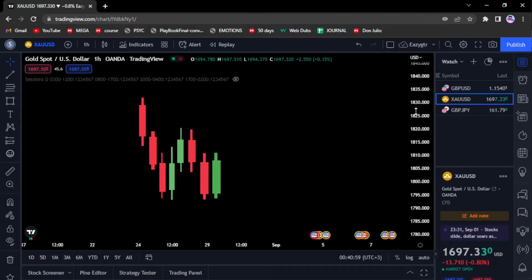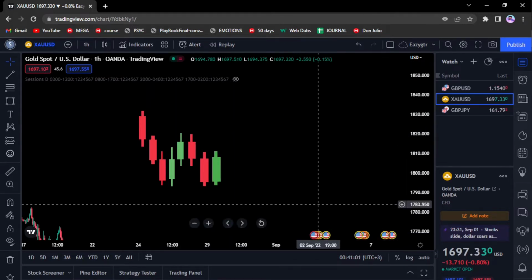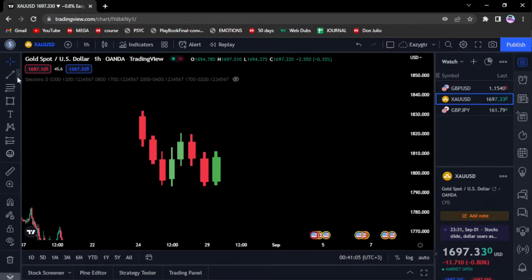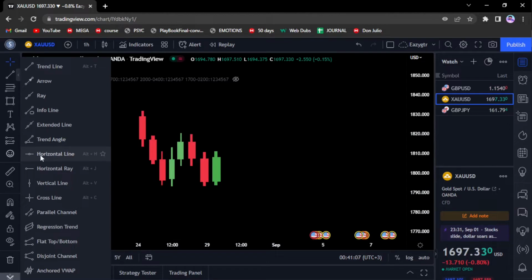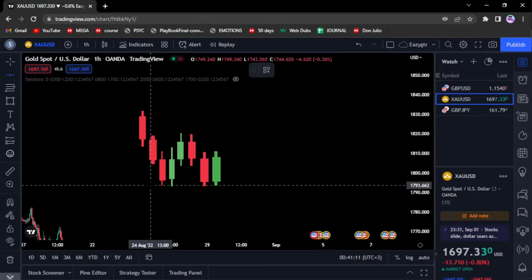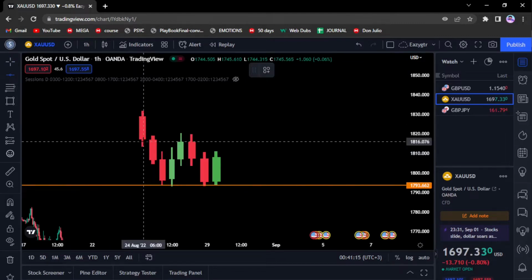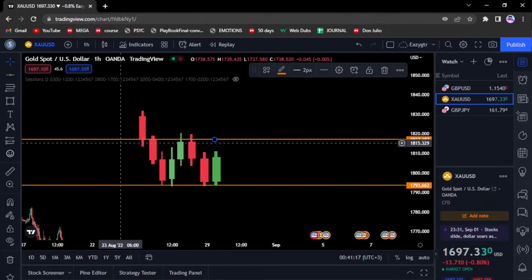In this situation, what I had prepared is, when you come to the market and find a downtrend, you draw your zones. The first zone here, we have our support, and around here we have our resistance.